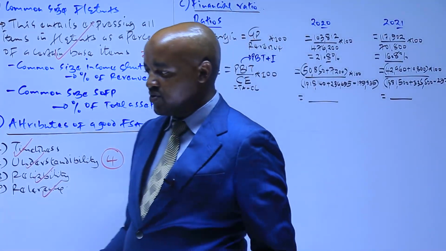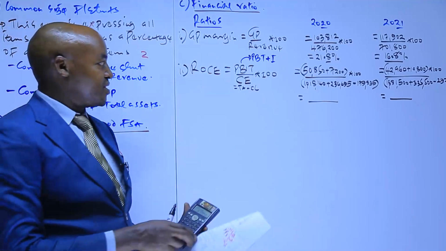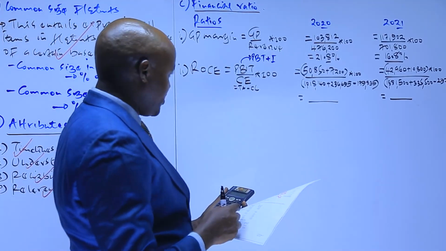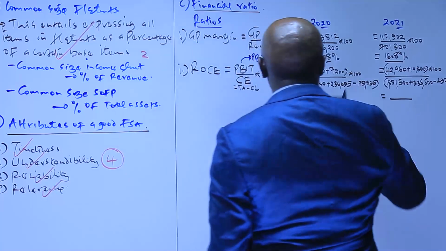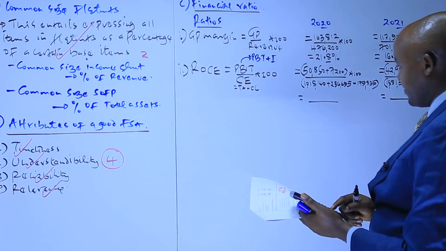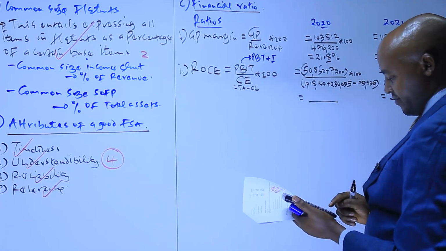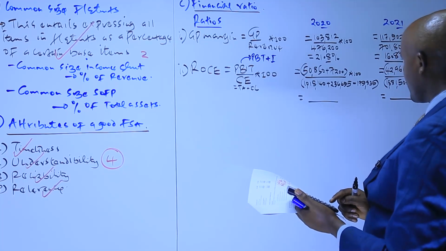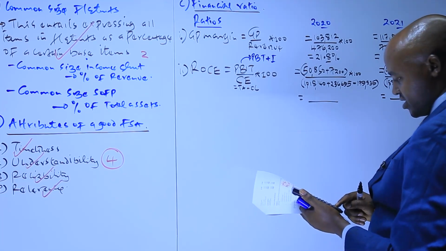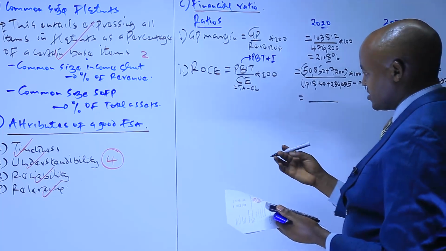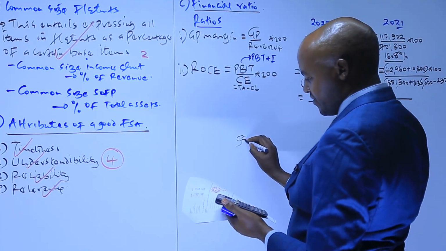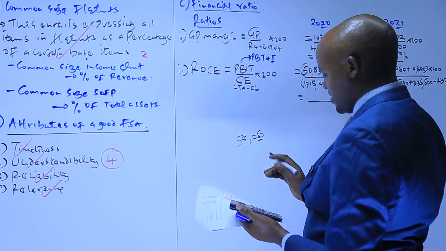So let's compute the return on capital employed for the 2 years. We start with the first year here. We have 50,850 plus 7,200. That will give us 58,050.